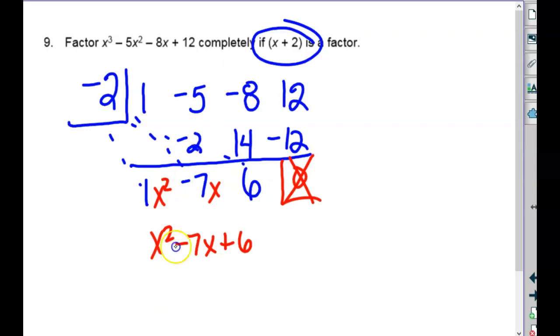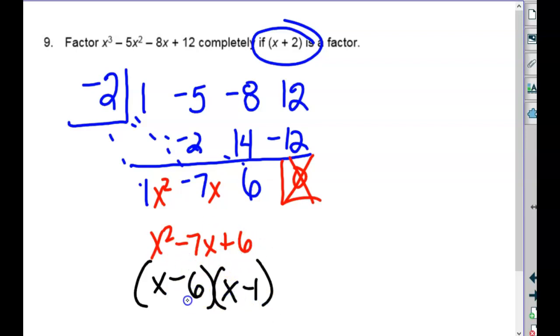So what am I going to do? x minus 6, x minus 1 would give me a positive 6 and a minus 7. Okay, is this the answer I'm going to look for on the choices? What else do I have to have? Okay, in whatever order, it doesn't have an f of x, so I'm just going to find the choice that had all 3 of those factors, right?